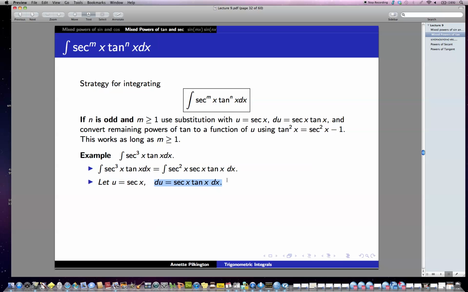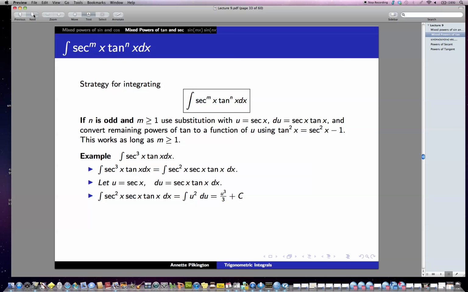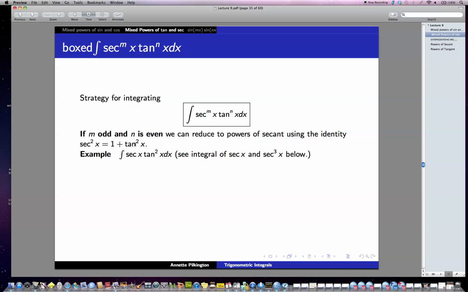I have du is secant of x times tangent of x, and then secant squared is just u squared. So this is a very easy integral with this substitution, and then once I calculate, I can convert back to a function of x. You'll also find some extra examples at the end of your notes.